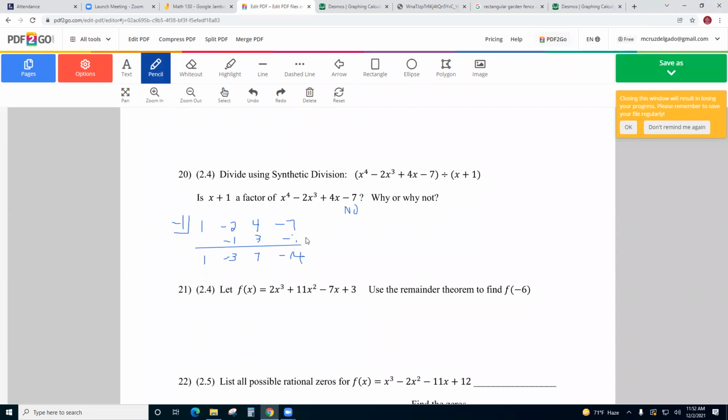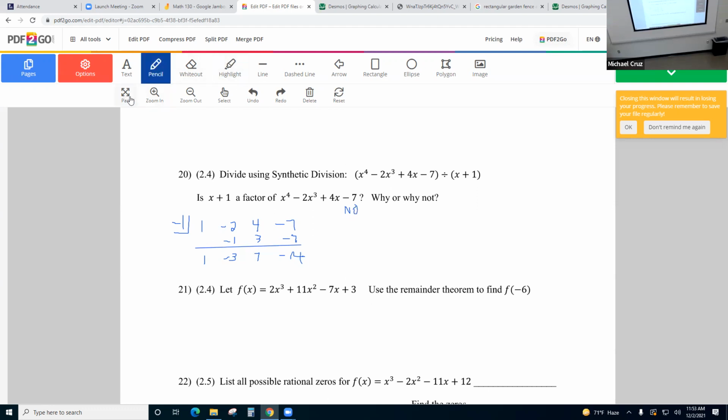No, look, the -3 goes underneath that 4, so it'll be just 1. But it's -1 times -3 is 3. Here, right? Oh, yeah, I'm sorry. And then 4 and 3 is 7. -1 times 7 is -7. So this is -14.